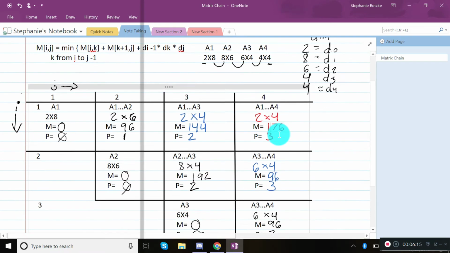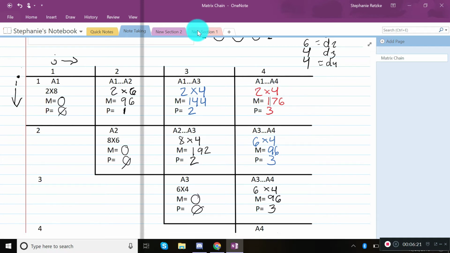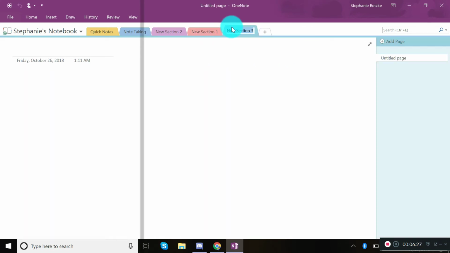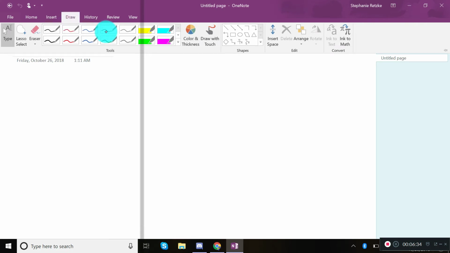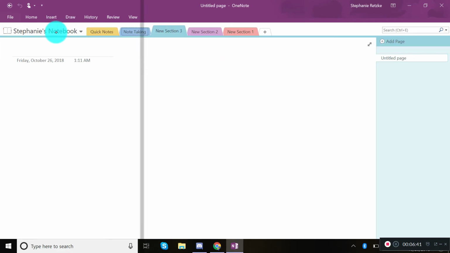And now we need the fully parenthesized version. Okay? So what you do is, I am lazy and I just kind of write them all out first. So let's draw it in black.